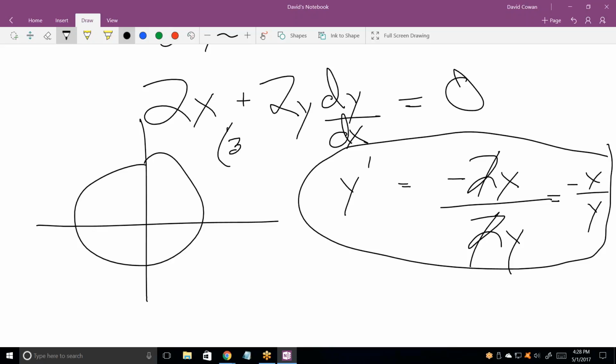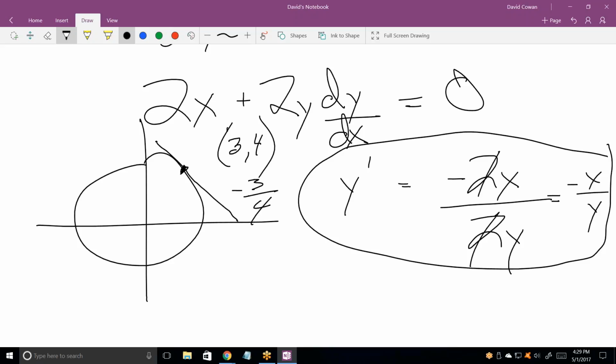Let's say 3, 4. If I go to 3, 4 right there, that slope is going to be minus 3/4, because we just figured out that the first derivative is minus x over y. So that is how you solve the slope of the tangent line at a certain point, by plugging in the x and y.